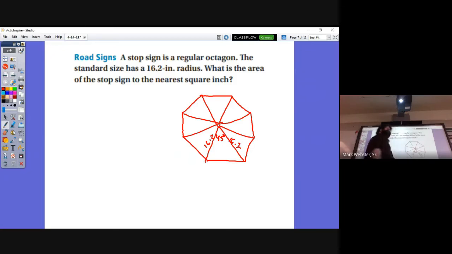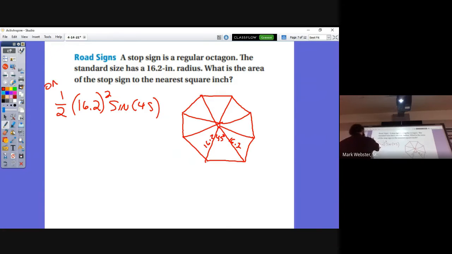Well, now don't we have all the things we need? 1/2 times the radius squared times the sine of 45.